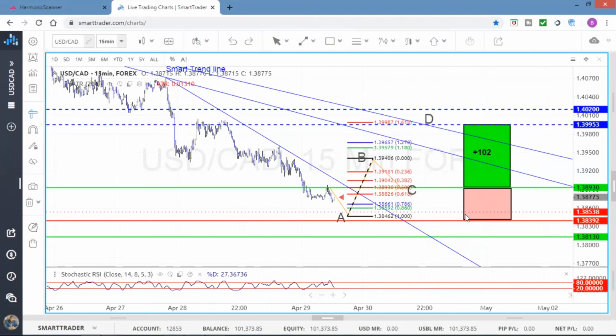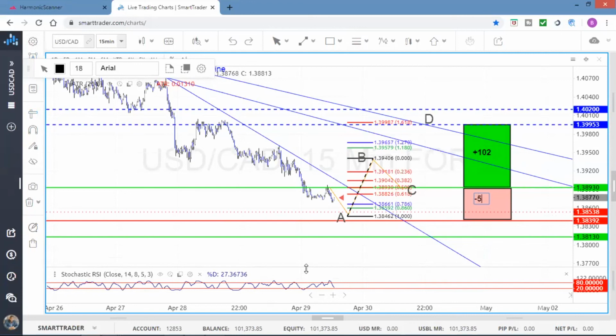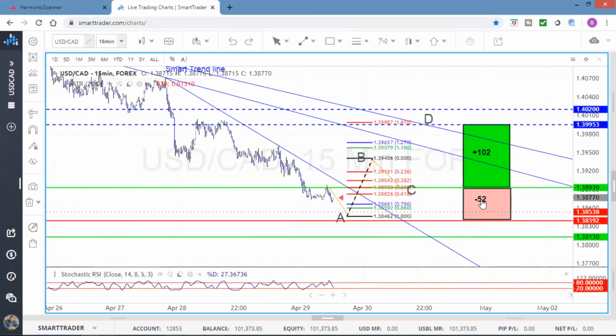So here, we're looking at like 52 pips, okay? So minus 52 pips, just like that.